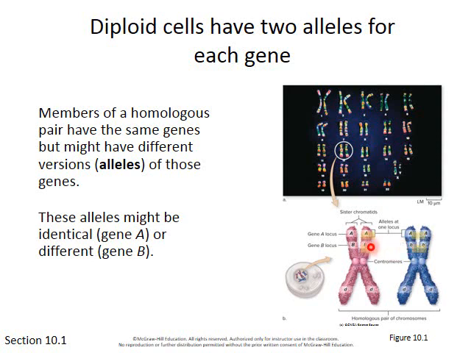So there are 2 different alleles of the same gene on these chromosomes. Little d, little d. So this is the same allele.